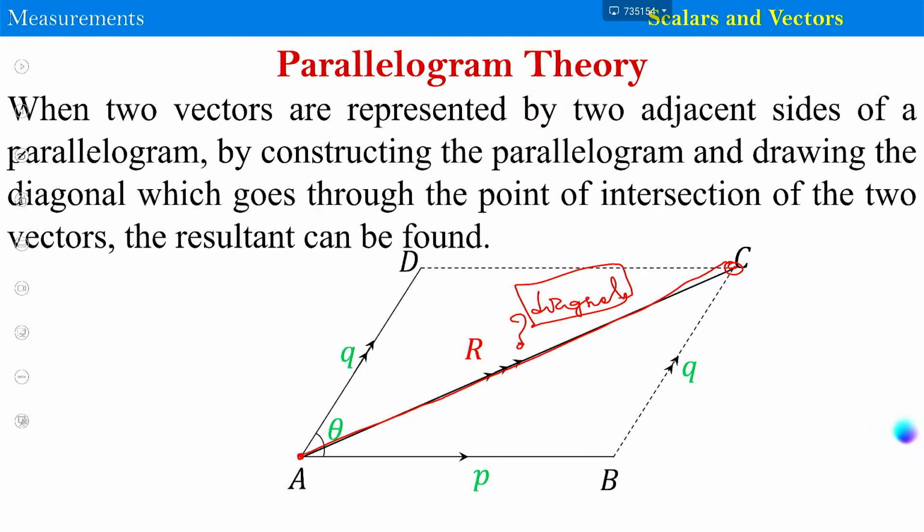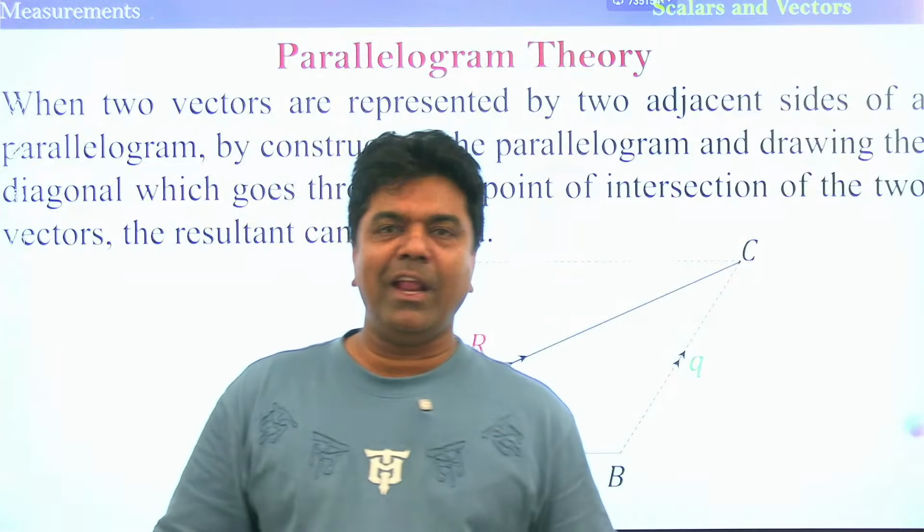When you draw the diagonal, the length of the diagonal will give us the magnitude, and the direction of the diagonal will give us the direction of the resultant. But isn't it the same thing we did in the triangular theory?